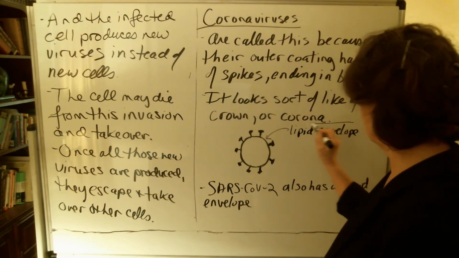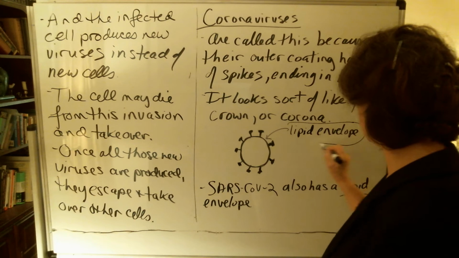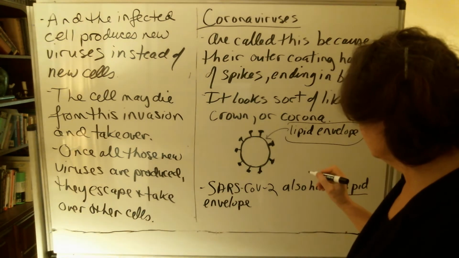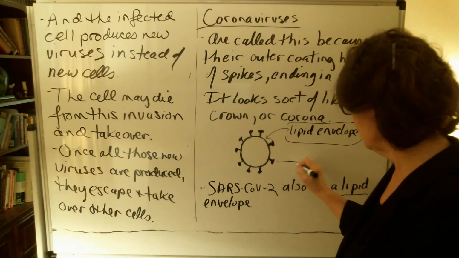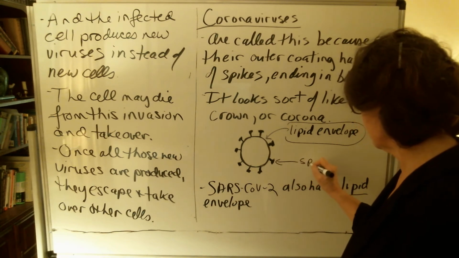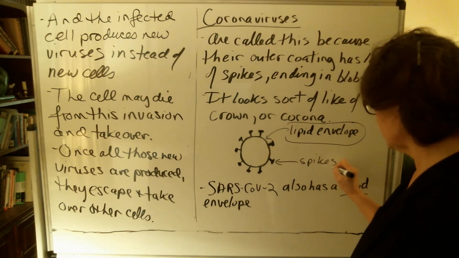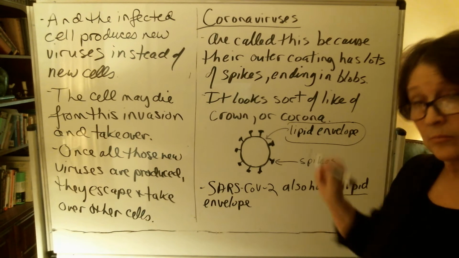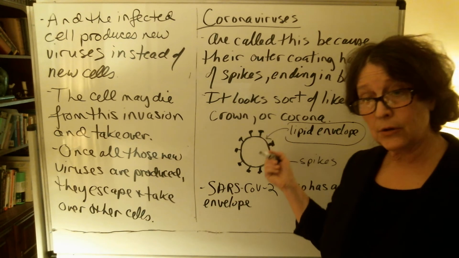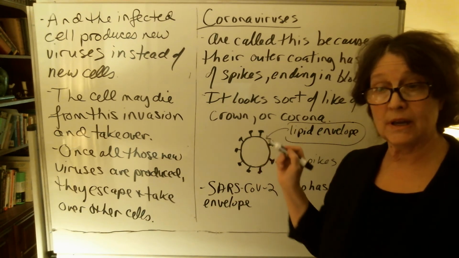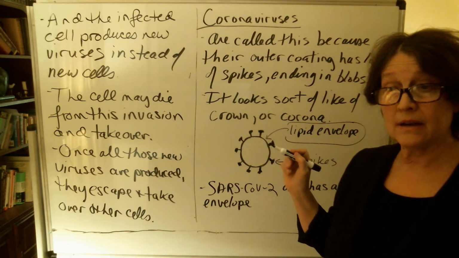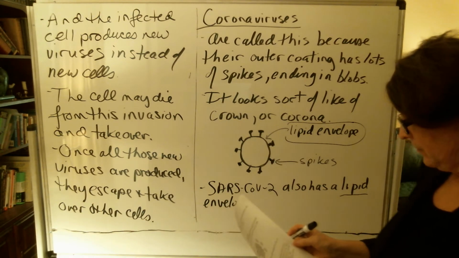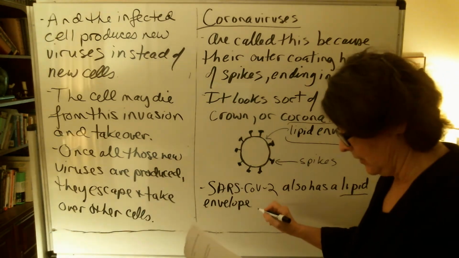Basically, the lipid envelope is what surrounds the interior of the virus, and these, of course, are the spikes. And the fact that the interior of the virus is surrounded by a lipid winds up coming in handy for us in certain ways.